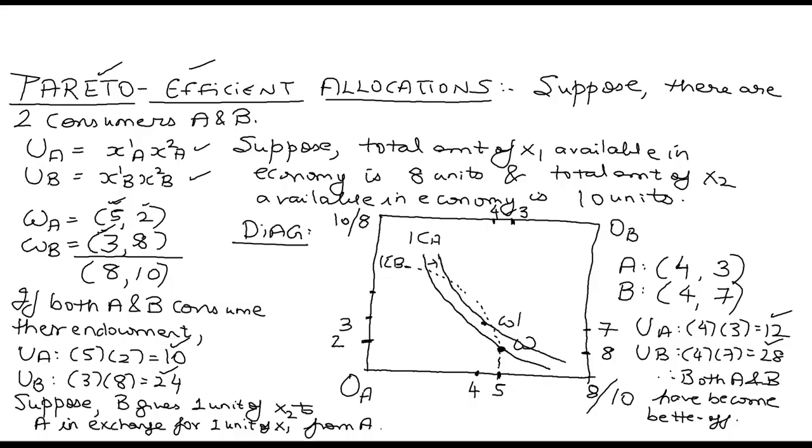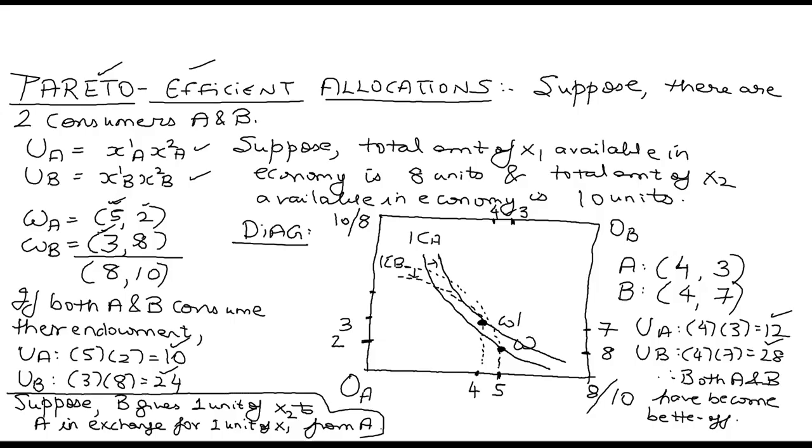Look at B's IC from B's origin. B has also gone to a higher IC. That means that by trading in this particular scheme, both A and B have gone to higher ICs from their respective origins.